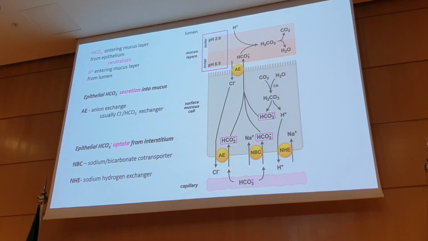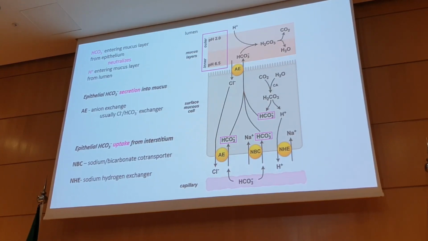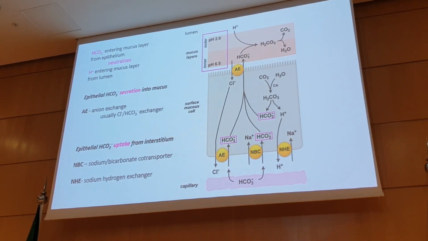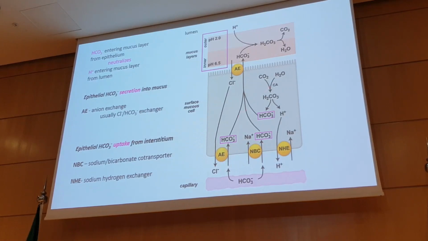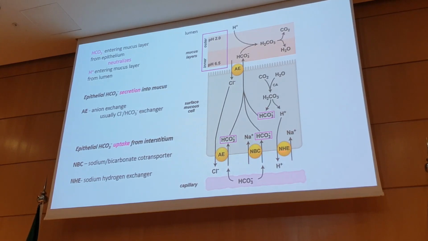What's left behind? The alkali, right? And so you have to get rid of it. So that's called housekeeping. All of a sudden you start losing one of these, and the housekeeper goes, we've got to get rid of whatever's left over. Here it's just the opposite. You're moving all the bicarb out of the cell, right? What's left over? The proton. And now the housekeeper gets turned on and gets rid of the proton. And this is the mechanism they have.